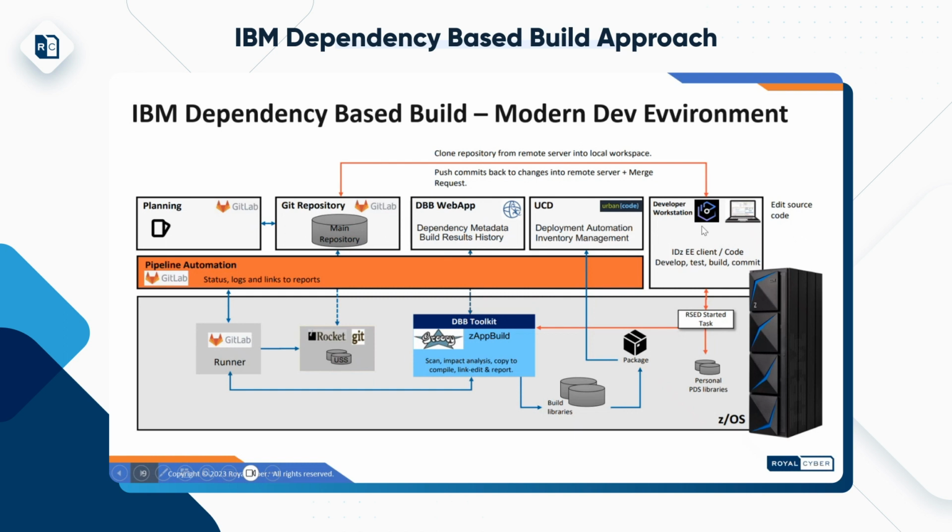All these components, your IDz, UCD, DBB web application, and your Git server run on your distributed environment, whereas the agents are installed and running on your z/OS operating system. So this is how your typical modern environment looks.